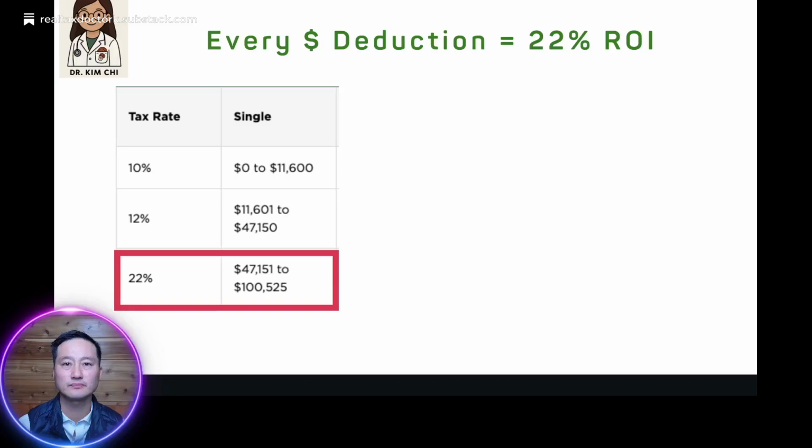That means if she earns an additional dollar, the dollar will get taxed at 22%, meaning she's going to pay 22 cents in federal income tax on that dollar.